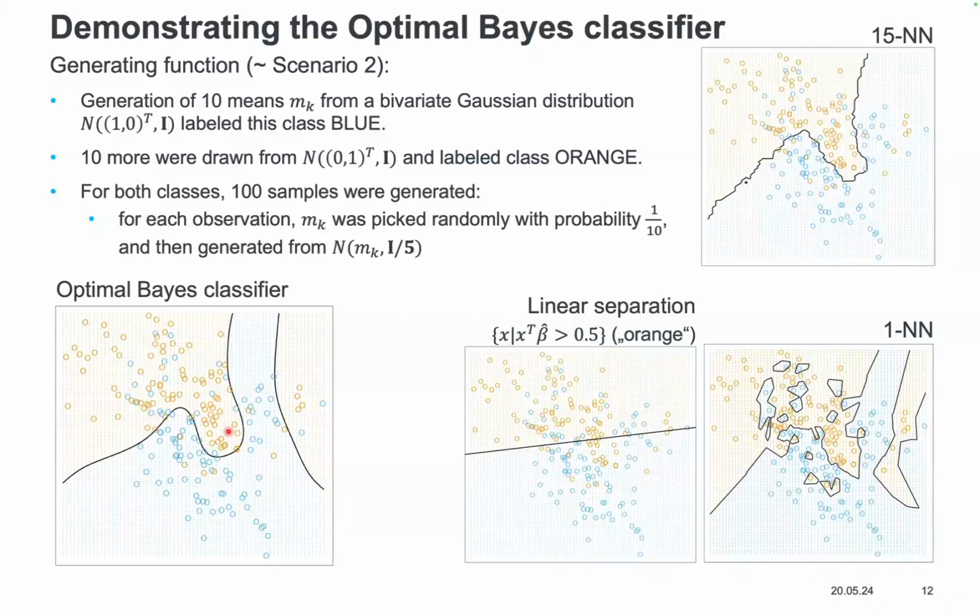In this scenario, we know exactly where the 10 means for the 10 normal distributions of the yellow class and where the 10 means for the normal distribution for the blue class are. And therefore, we can estimate whether it's more probable that a dot comes from the yellow class than whether it comes from the blue class.